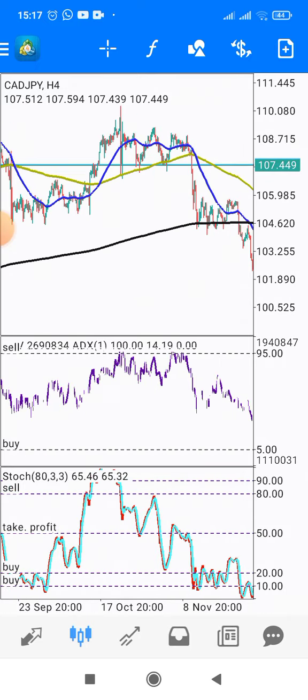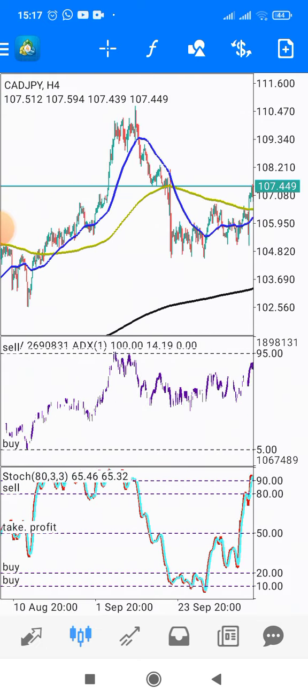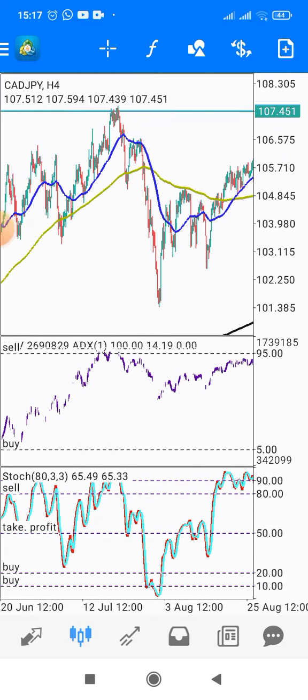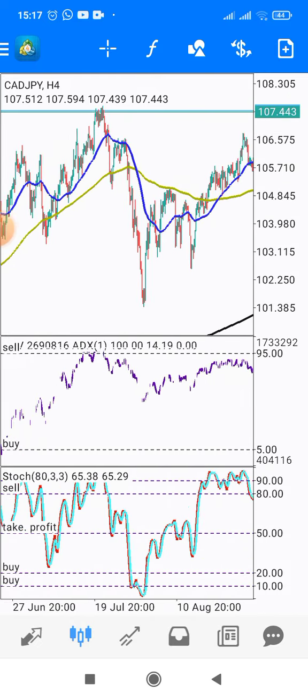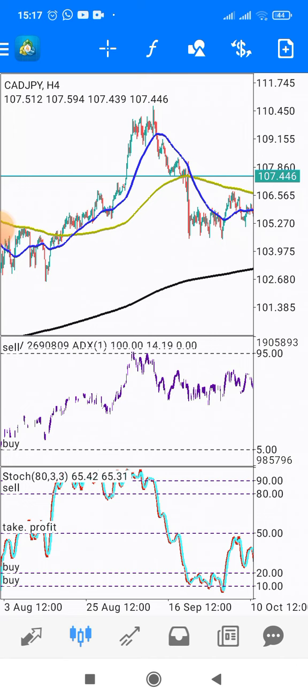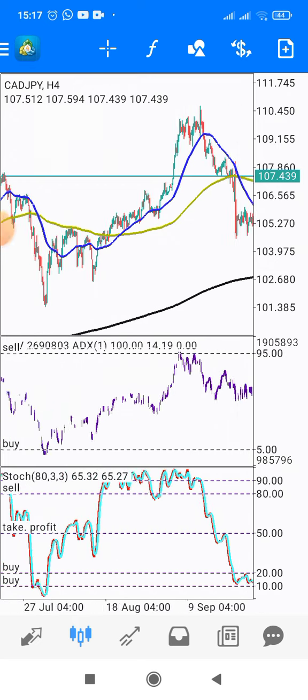When you see the ADX still remains on the 95 level, if you move it back and forth, it keeps on changing. Look at this scenario, when you move it, then it drops. With that, you are able to establish that that is not the maximum or highest point in the market.